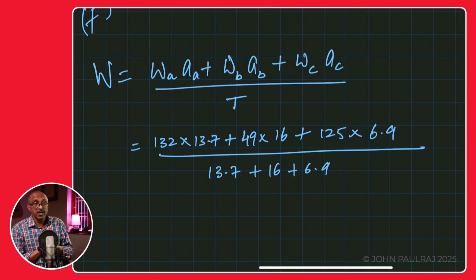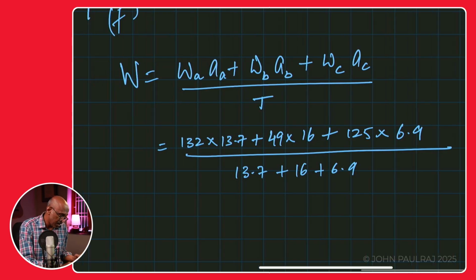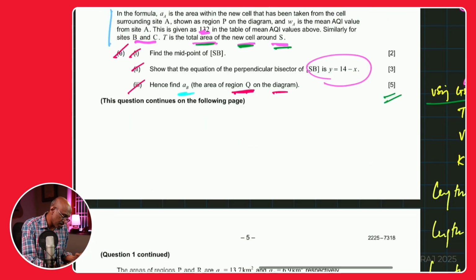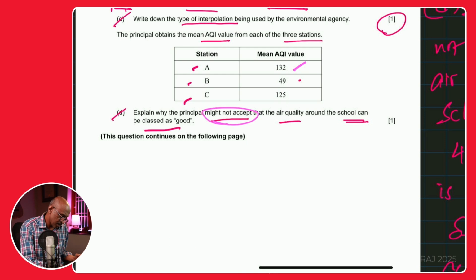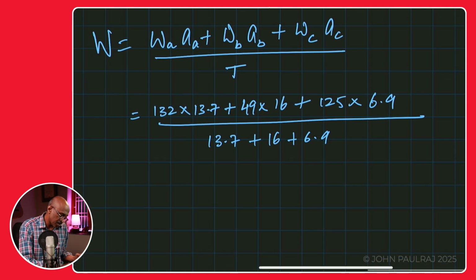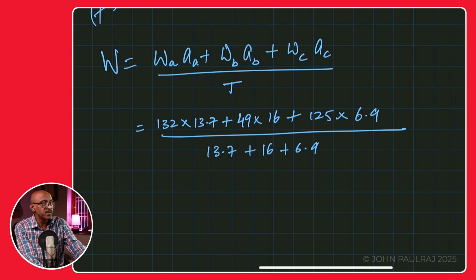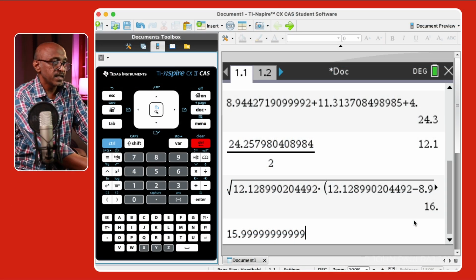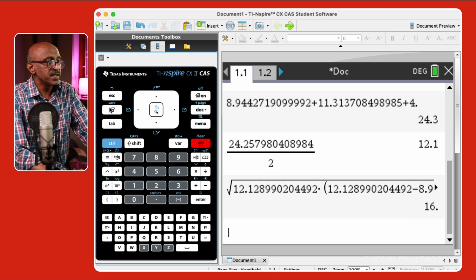Okay, make sure that this substitution is clearly shown. Then obviously you can enter into the calculator as I've already done. But this part is important that you show this part. Let me just check whether I've entered the values all correctly. Okay, 132. Yeah, I think we've got everything right. Now it's all about putting it on the calculator. Okay, to calculate the value of W. Let's just go back there. Okay, and we need the template for the fraction.